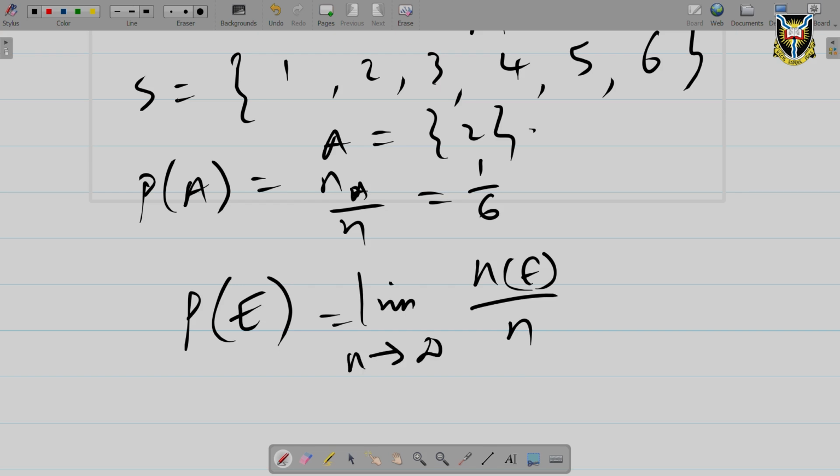So what we are saying here is that we look at the number of elements in event E divided by the total number of elements in the sample space, and we look at this as n tends to infinity, meaning that as this is repeated a number of times. And this is what we refer to as the relative frequency view of the probability law.